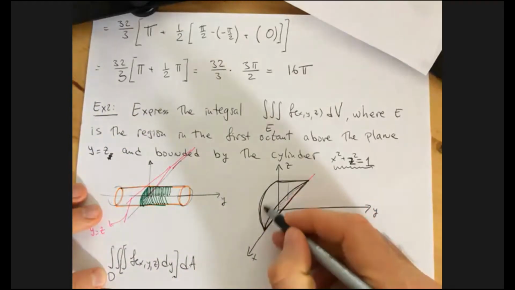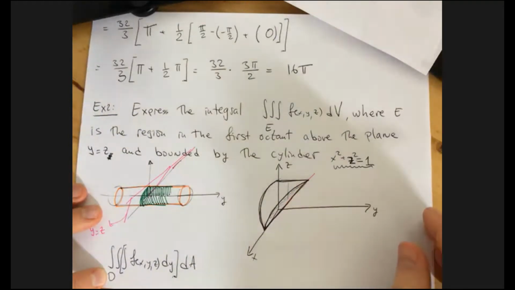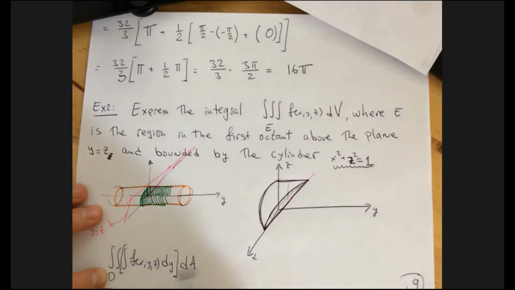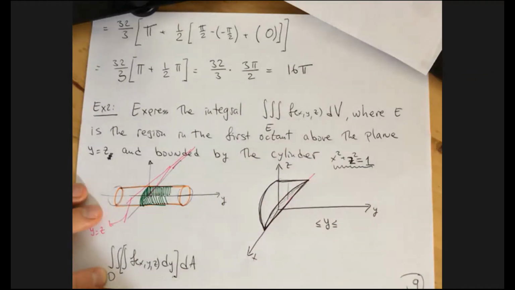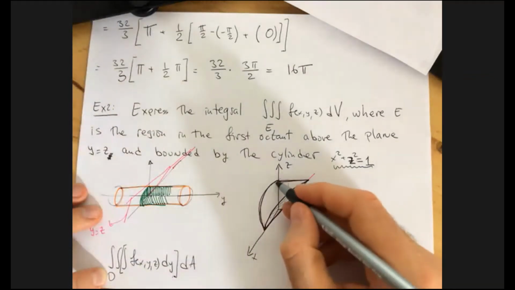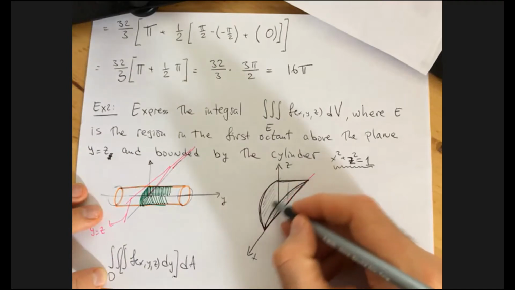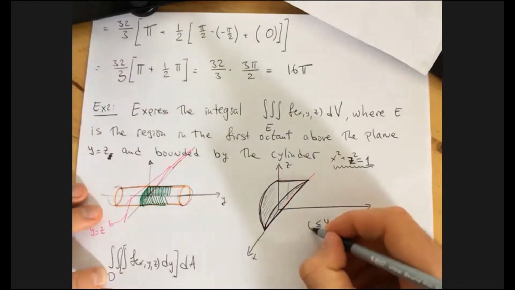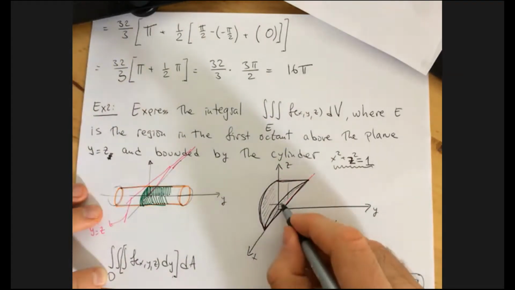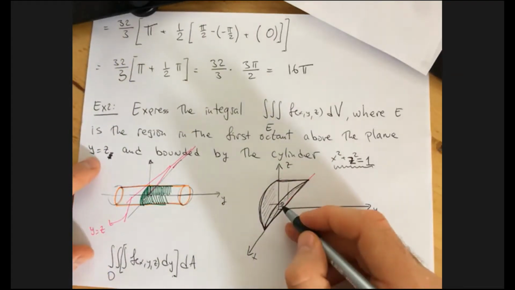In the xz plane it is going to be the quarter of a circle. Okay, if we decide to proceed like this, let's just figure out what y is bounded by. Well, y is bounded by the xz plane, sorry. In the xz plane, y is 0, and above it is bounded by the plane y is equal to z.